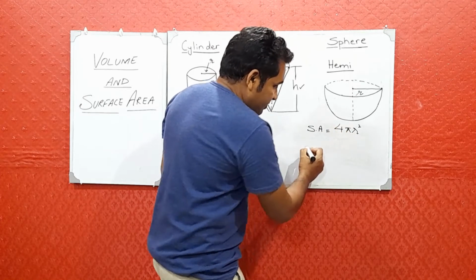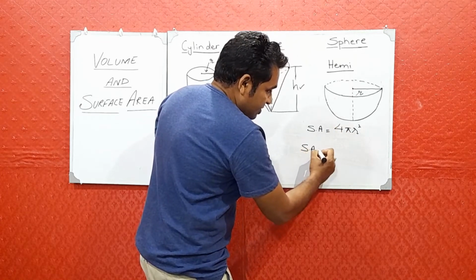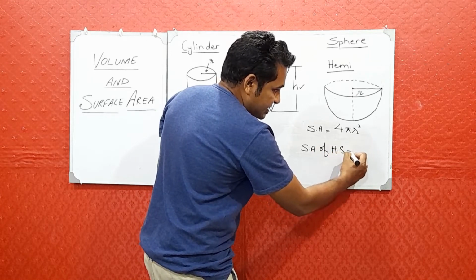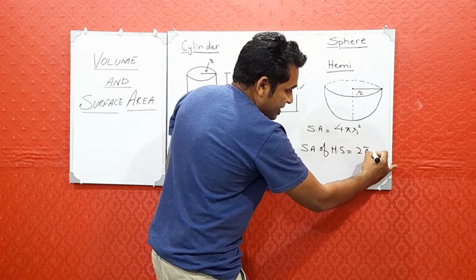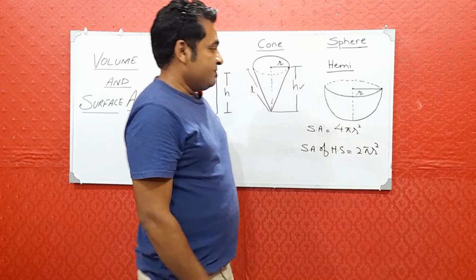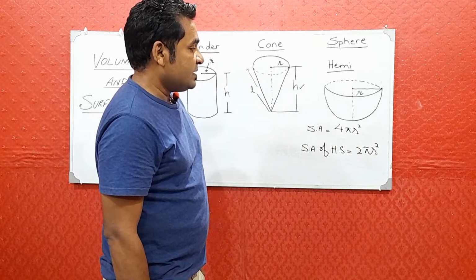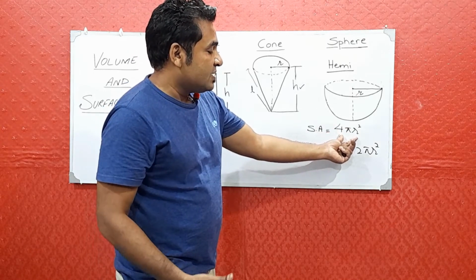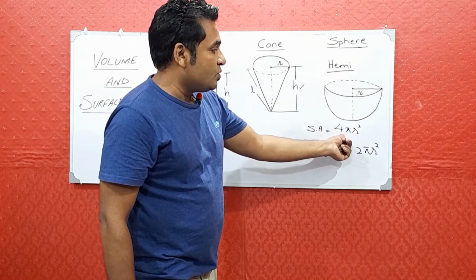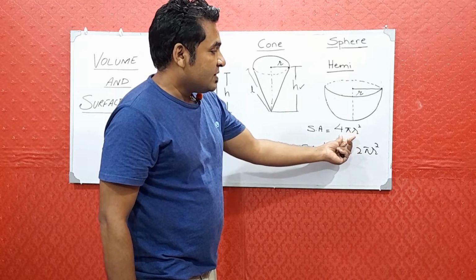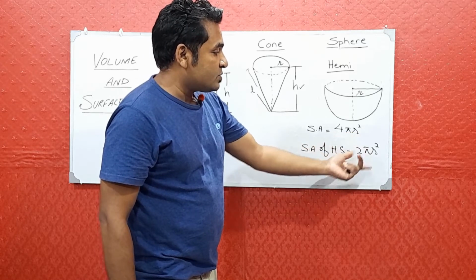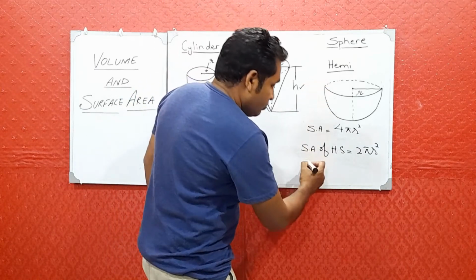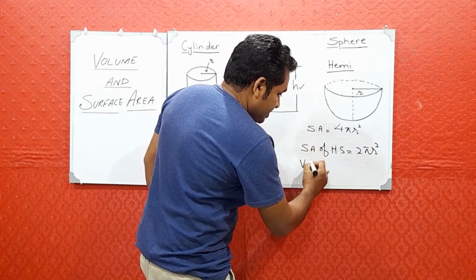So the surface area of hemisphere is 2 pi r squared, because I have just simply divided it into two halves. When I divide 4 pi r squared by 2, I will get 2 pi r squared. Simple.